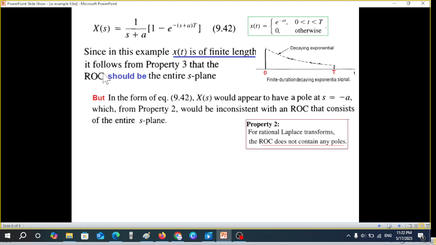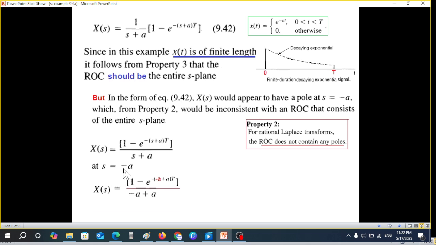But there is a trick, actually. If we look at this carefully, we bring this to the numerator. Now if we put the value s equal to -a, you can see 1 minus e to the power minus (s plus a) T: here s plus a becomes 0, and e raised to the power 0 will also become 1.